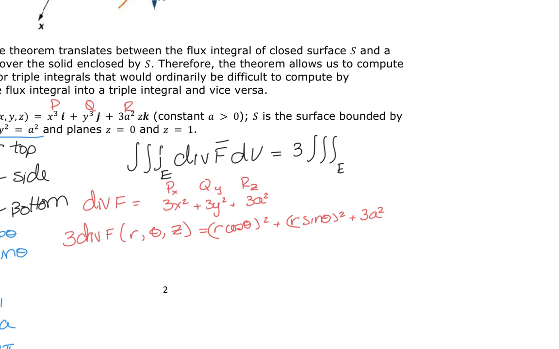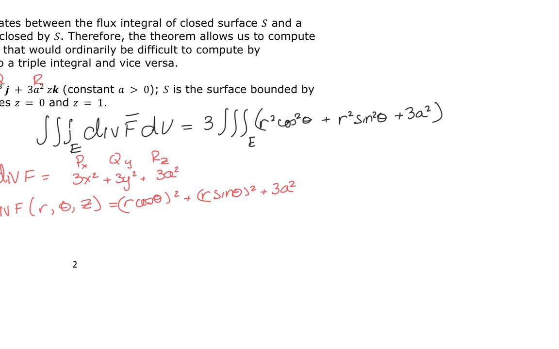So up here, I know I'm going to have r squared cosine squared theta plus r squared sine squared theta plus 3a squared dV. And again, I have not decided on how I'm going to do the order yet, but the order will be something where I've got to have an r, dr, d theta, dz type of thing.